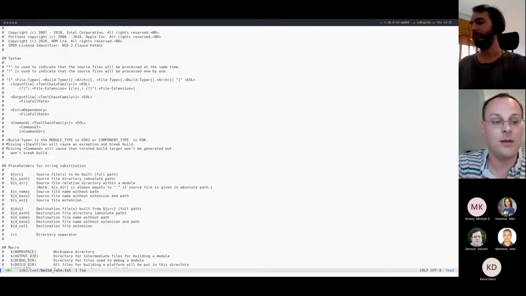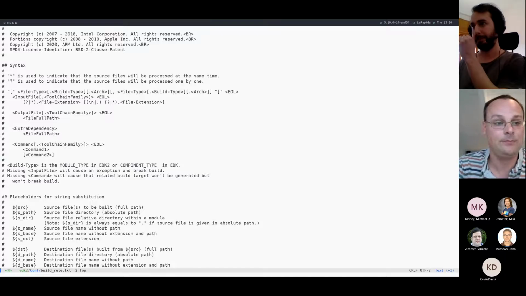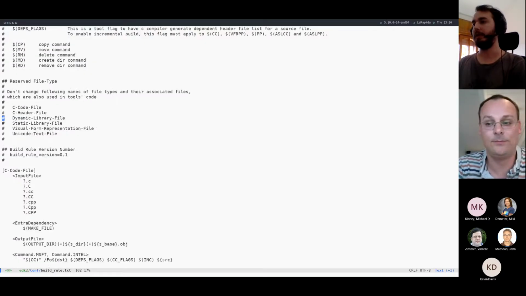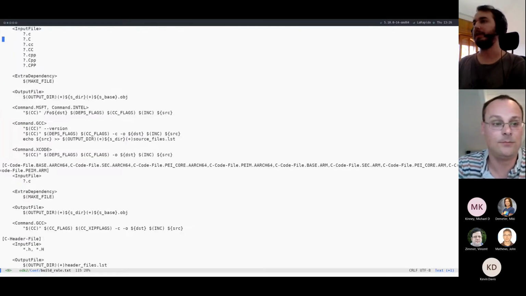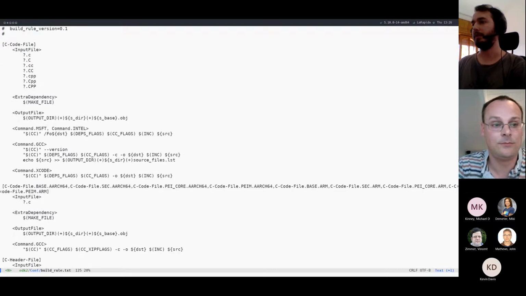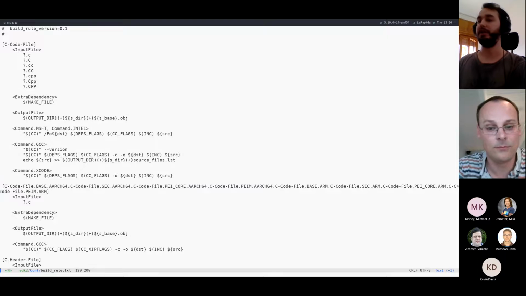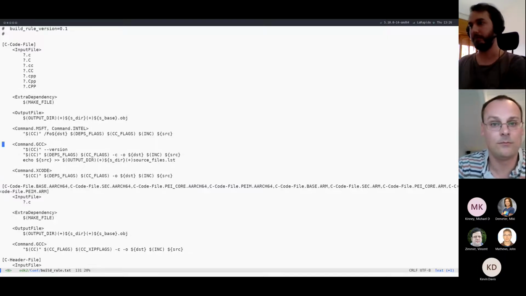Can you see my screen? Yep. Okay, so for example, when processing the C files, by the way, I just did it for Linux. I know that multiple systems are needed to be supported, but just as a proof of concept, I did it for Linux.